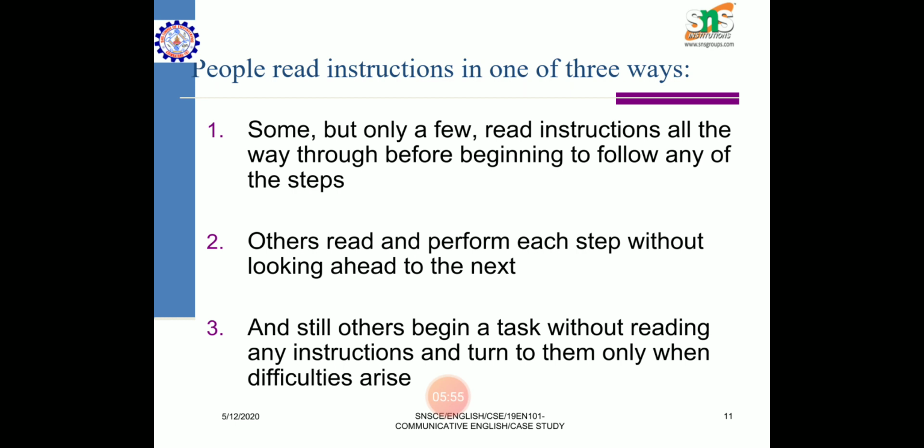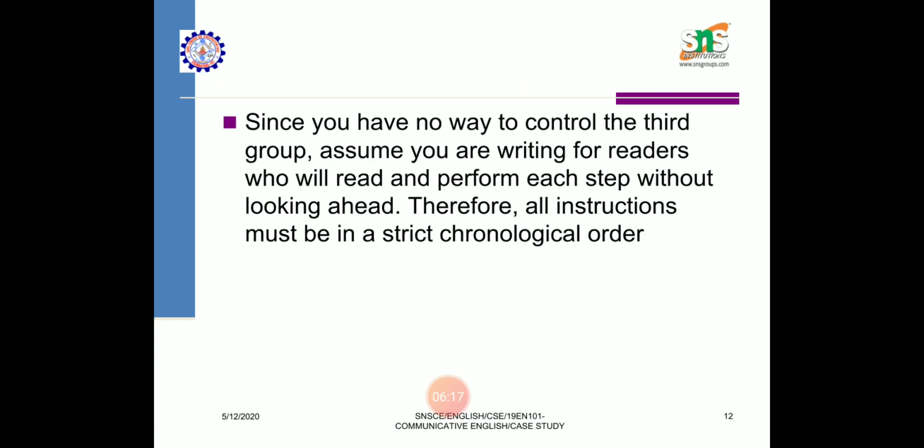The third is that they begin a task without reading your instruction or the design documentation, and if they find any difficulties they go to the instruction manual. These are the three important things which people follow while dealing with new products, or new languages, or whatever it is. There is also a fourth point, where they are of a different group.